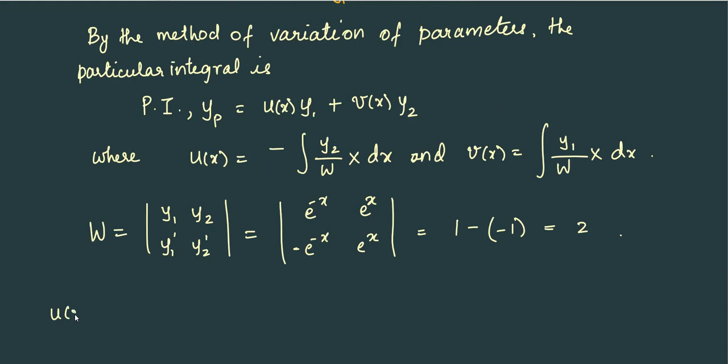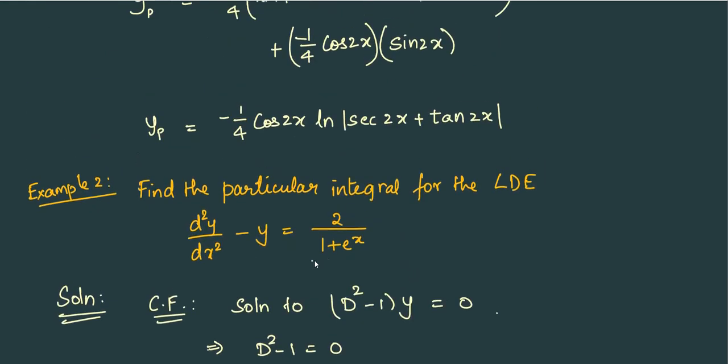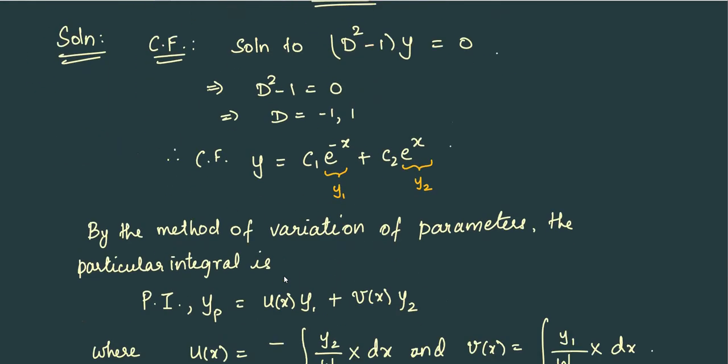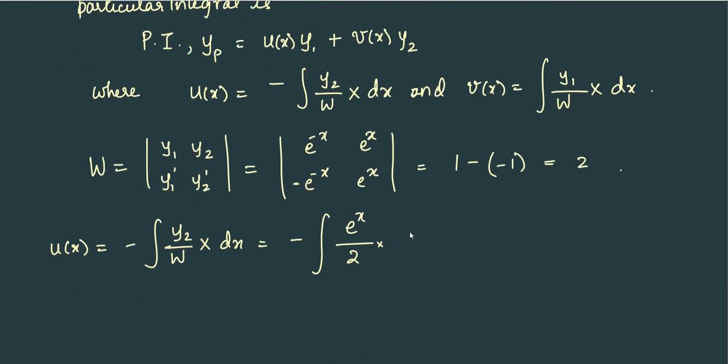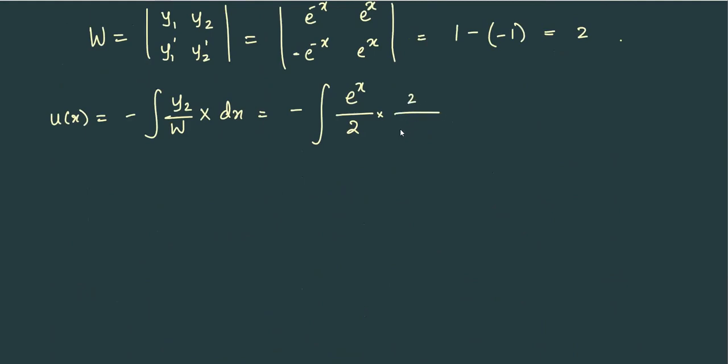So now u of x is minus integral y2 upon Wronskian times X dx. So we get minus y2 is e power x, Wronskian is 2, and the right hand side of the linear differential equation is 2 by 1 plus e power x. 2 upon 1 plus e power x dx.